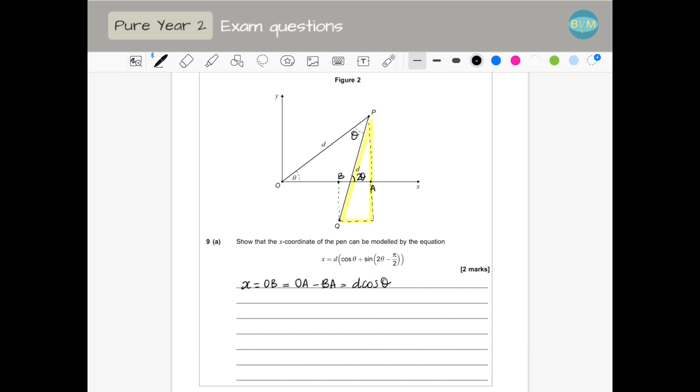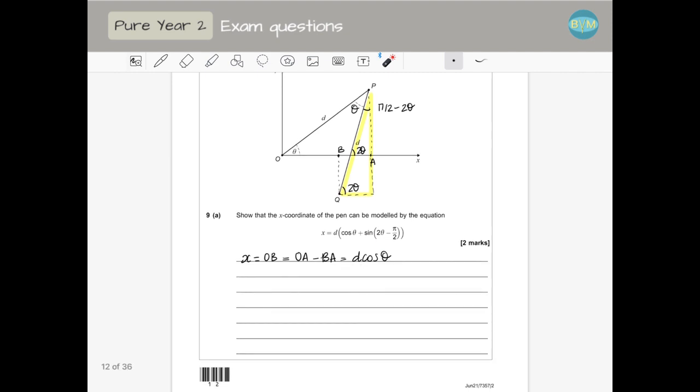So this is 2 theta, which means this angle is going to be 2 theta, because they are corresponding angles. This is pi half, so this angle here at the top is going to be pi half minus 2 theta. If this is pi half, this one plus this one must be the other pi half.